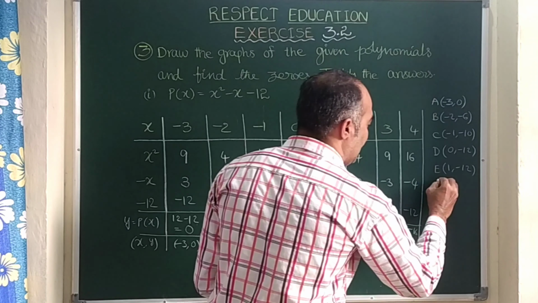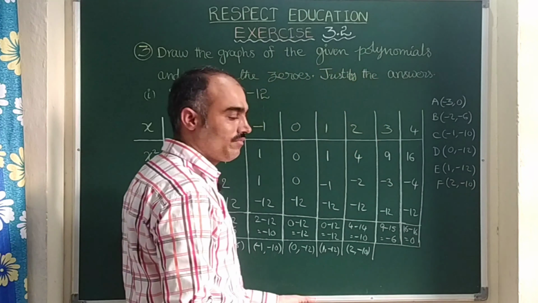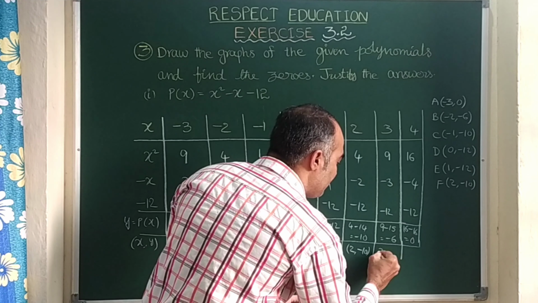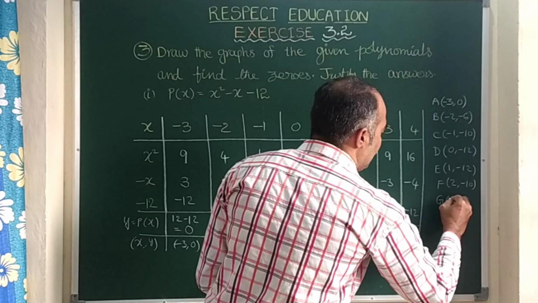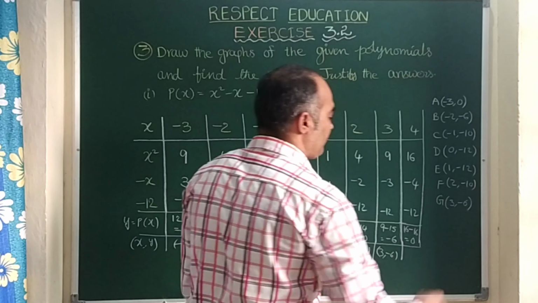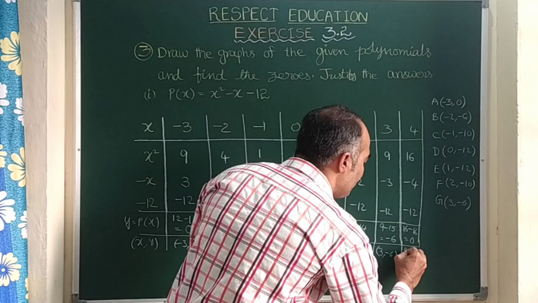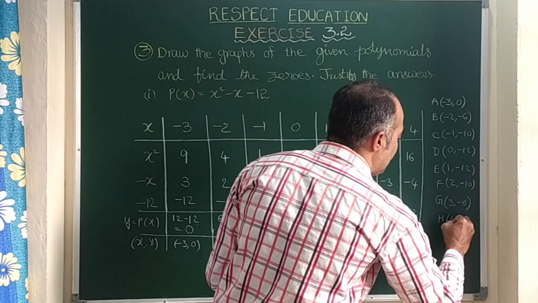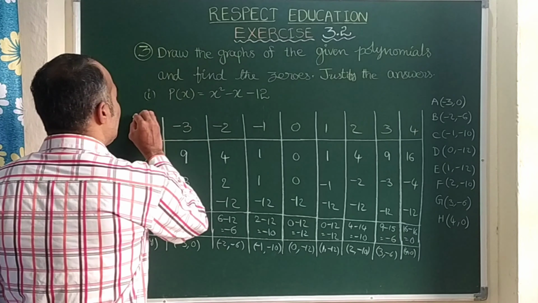I am taking it as F. Now the next one, 3 comma minus 6, G. Last point, 4 comma 0. So it is H, 4 comma 0. Right?